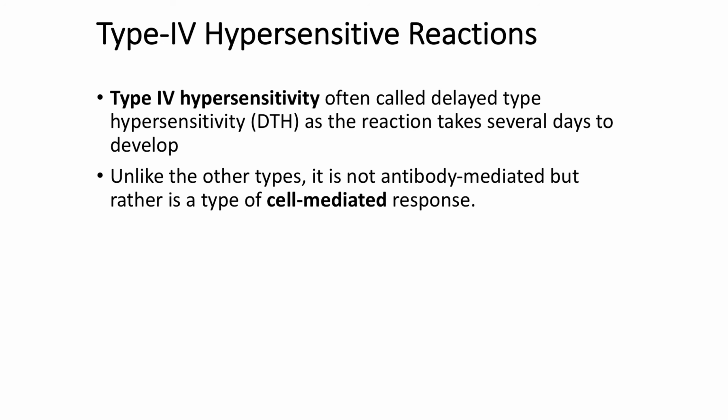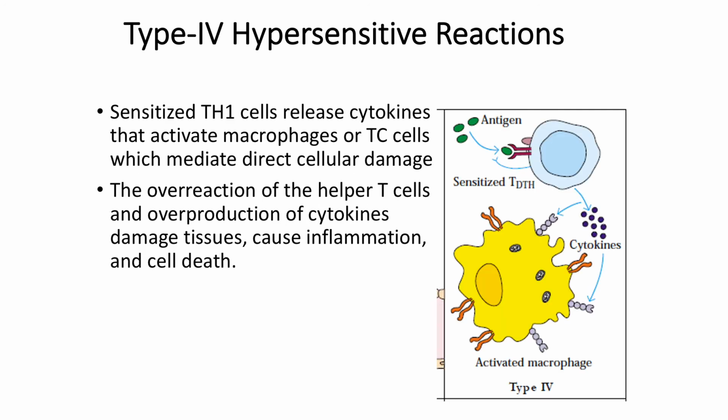Unlike the other types, it is not antibody mediated, but it is rather cell mediated response. Sensitized T helper cell 1 cell releases cytokines that activates macrophages or T cytotoxic cells, which mediate direct cellular damage.